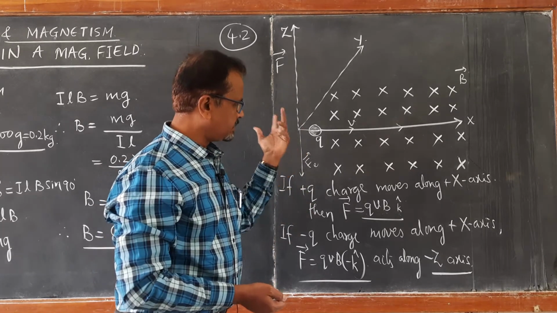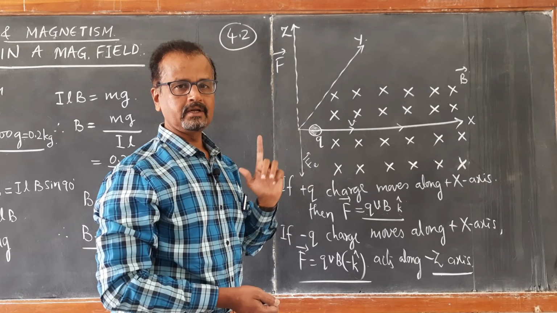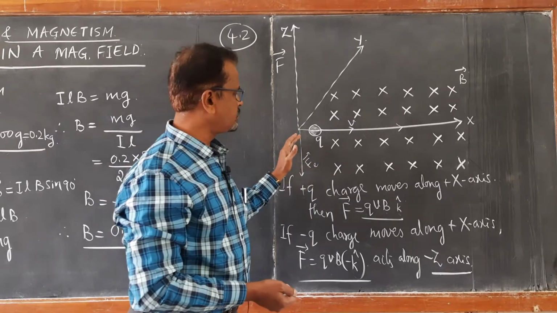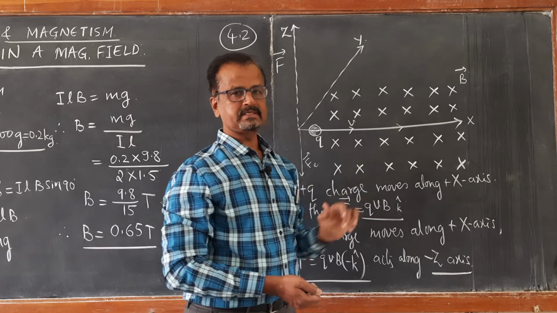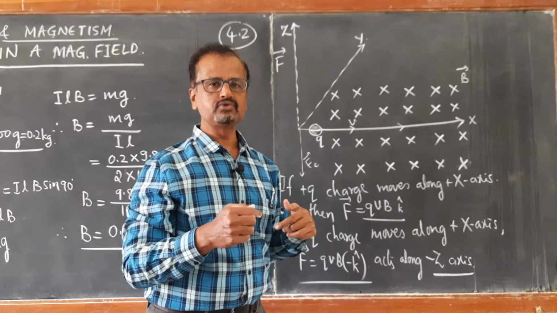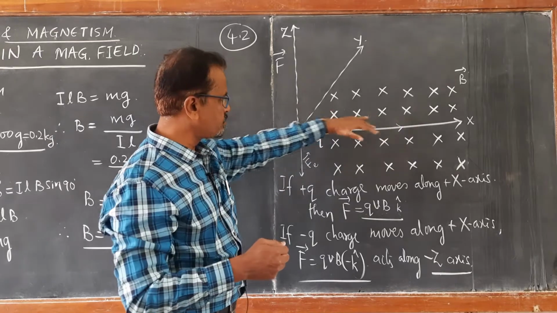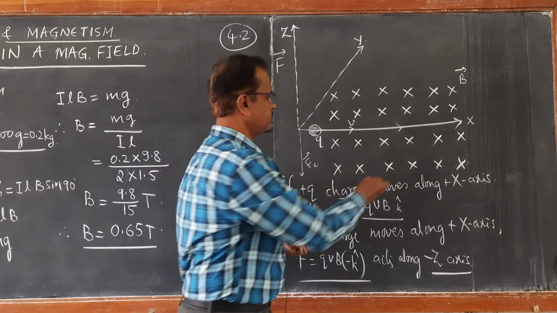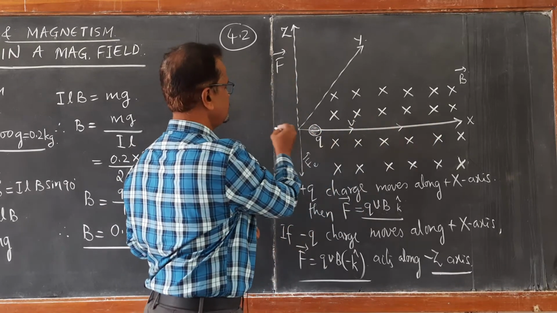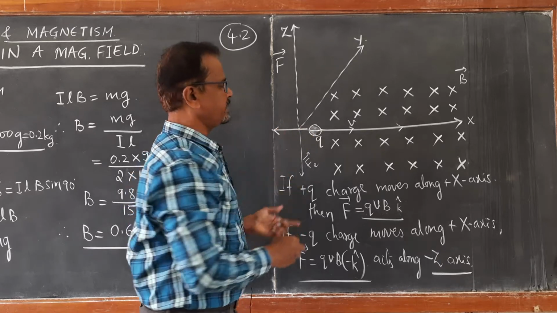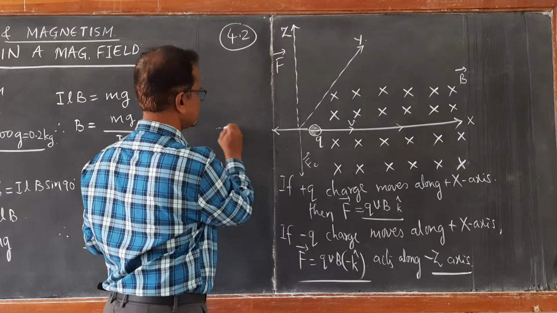Then it also experiences a Lorentz force. Now, if electron is moving along positive x-axis, it is as good as assuming same amount of positive charge is moving along negative x-axis. Means now velocity vector of the positive particle will be along negative x-axis.